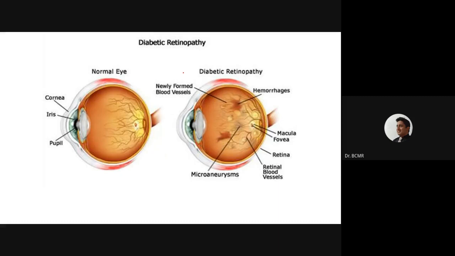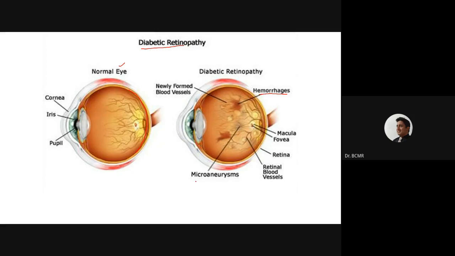First thing is diabetic retinopathy. This is how a normal eye is. This is the retina, and we have the blood vessels that are supplying blood to the retinal cells, cones and rods. In diabetic retinopathy, there are two complications. One is hemorrhages, that is breakage of blood vessels and leaking blood.